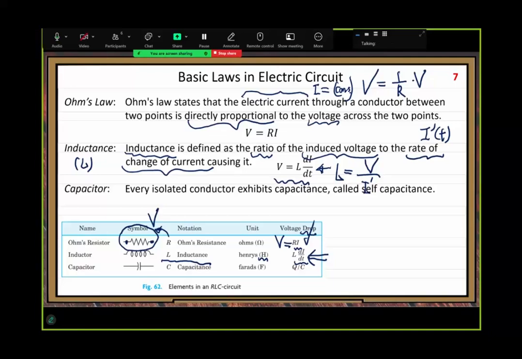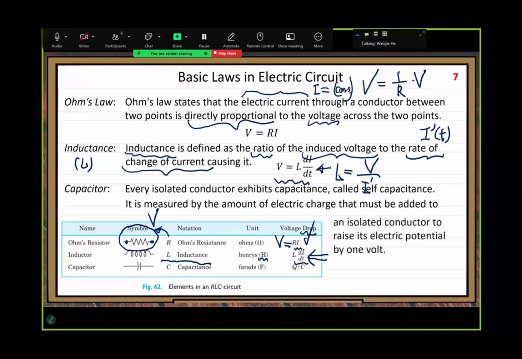It is measured by the amount of electric charge that must be added to an isolated conductor to raise its electric potential by 1 volt.